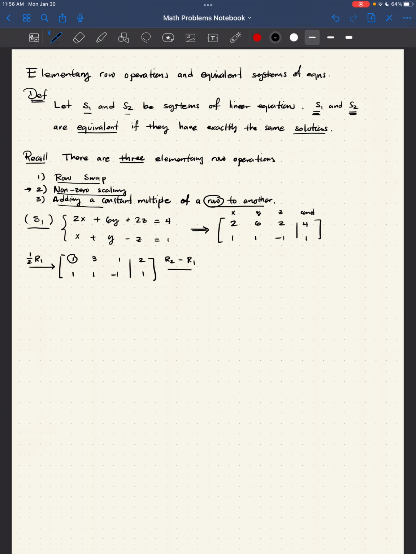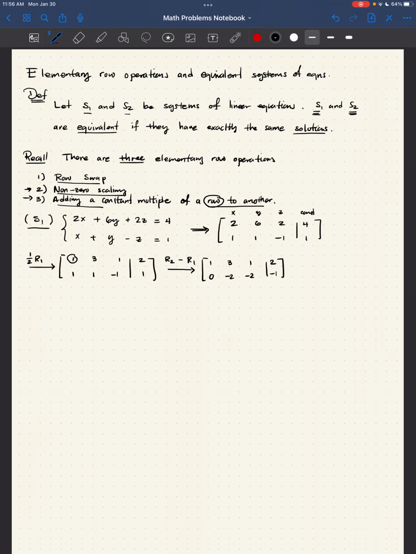This is an instance of the third type of operation, because to row number 2, I'm adding -1 times row number 1. The result of that is the following matrix: 1, 3, 1, 2, 0, -2, -2, -1.